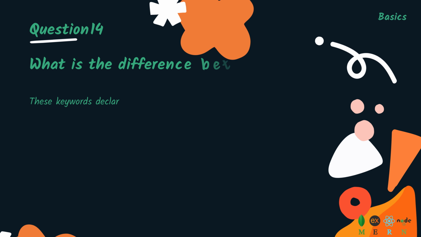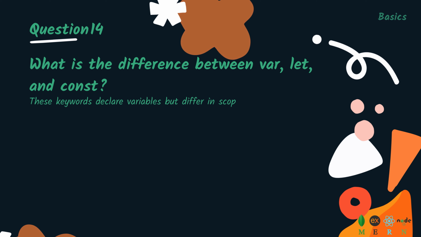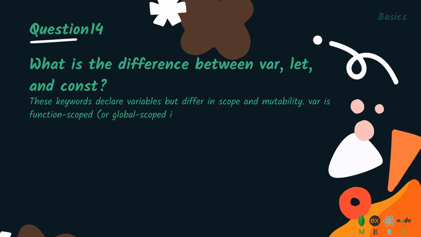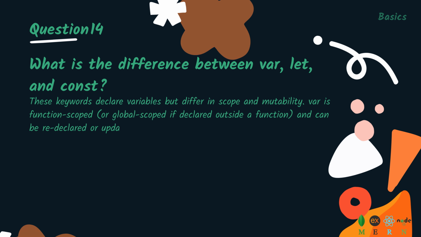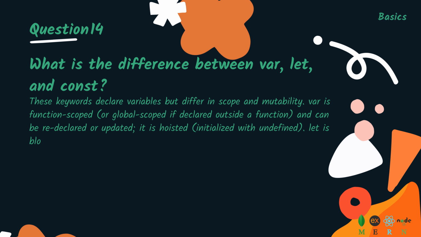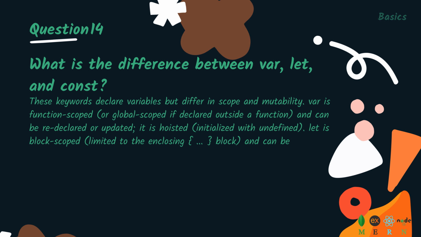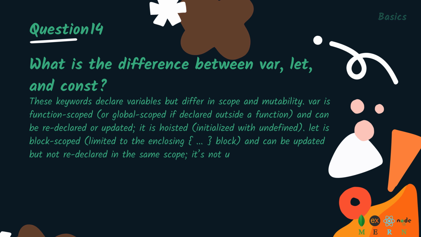What is the difference between var, let, and const? These keywords declare variables but differ in scope and mutability. Var is function scoped, or global scoped if declared outside a function, and can be redeclared or updated. It is hoisted, initialized with undefined. Let is block scoped, limited to the enclosing block, and can be updated but not redeclared in the same scope.